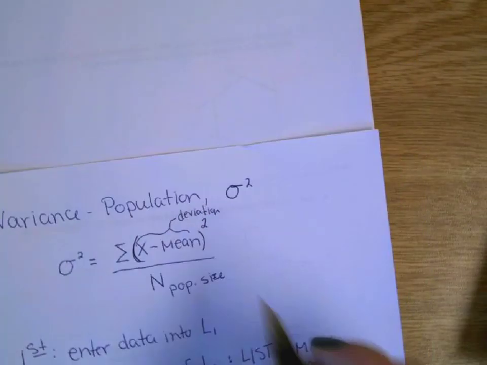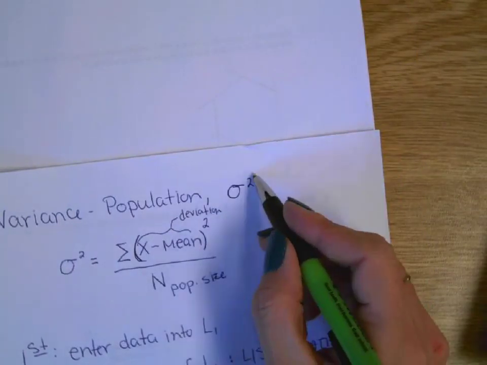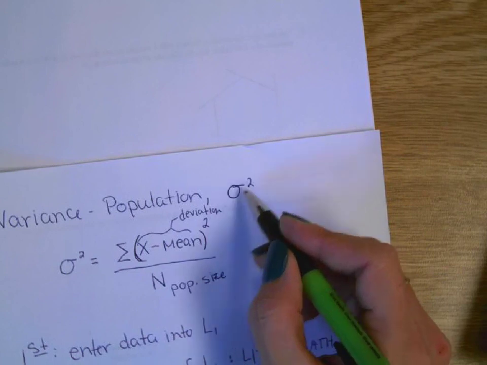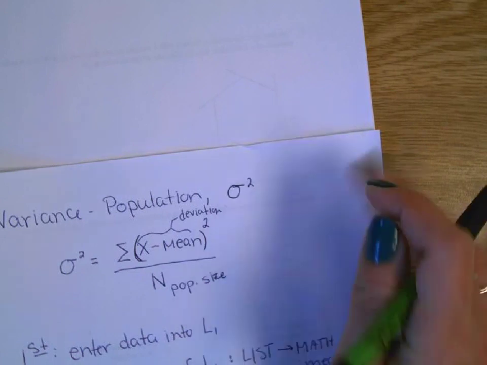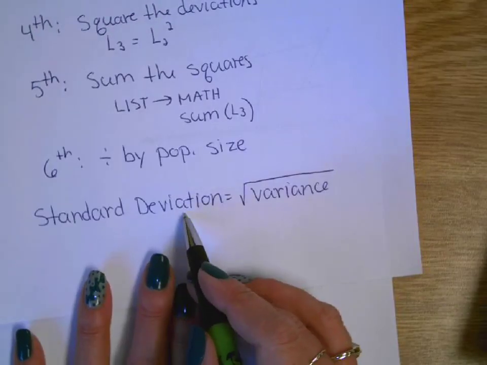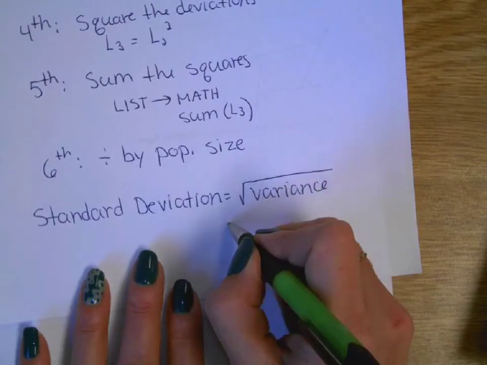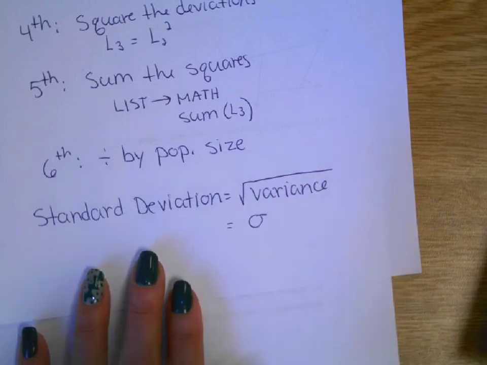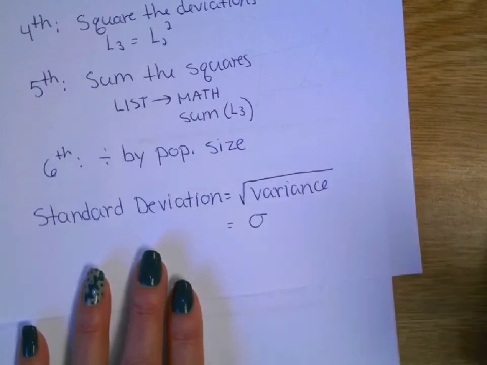Think about the symbol now. I told you why that squared would be here. If I square root sigma squared, I'm going to be down to just sigma. So the symbol for the standard deviation for a population is going to be just sigma.